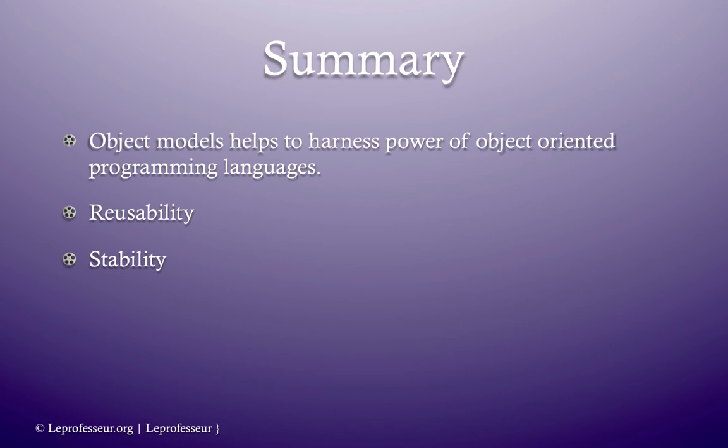Stability. Once you have identified the system and analyzed it at different abstraction levels, the relationships, the different parts of the whole system, and how they work together and are connected, it improves the stability of your whole software system.